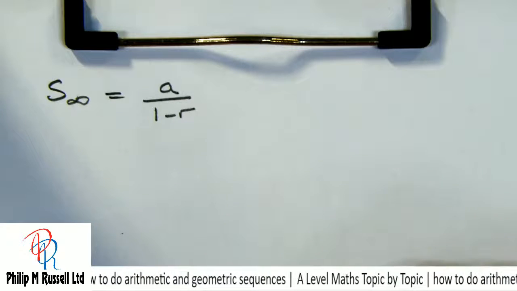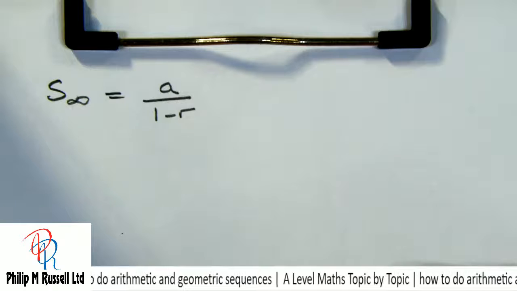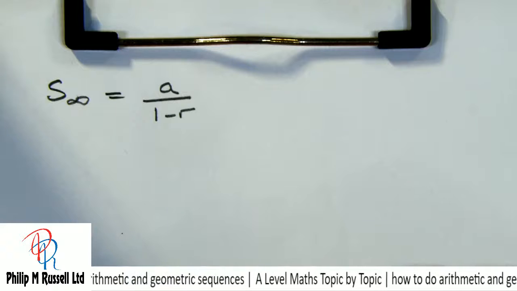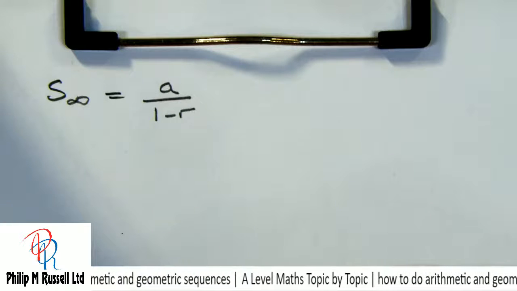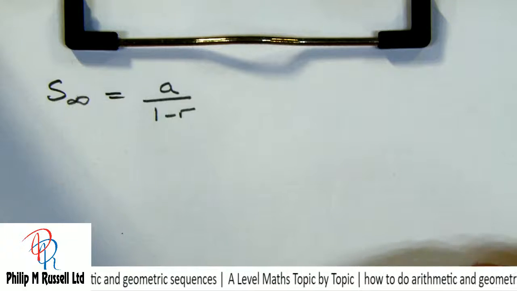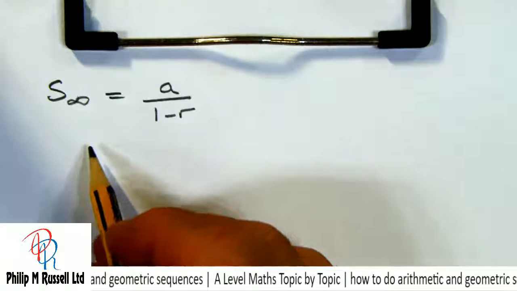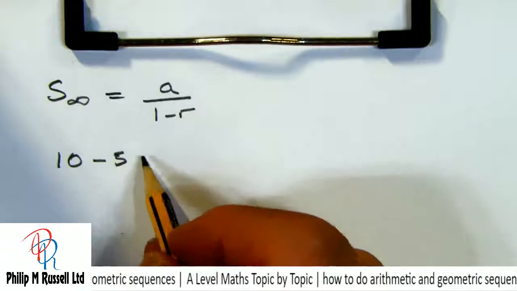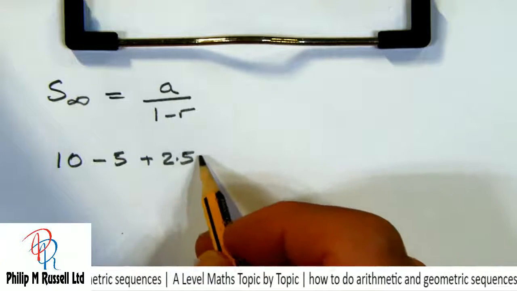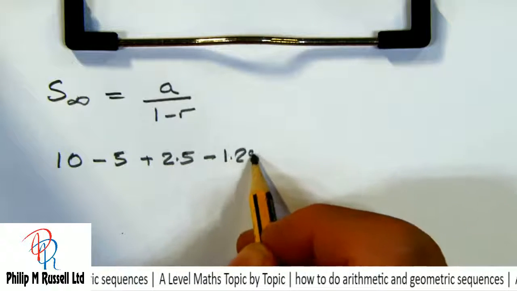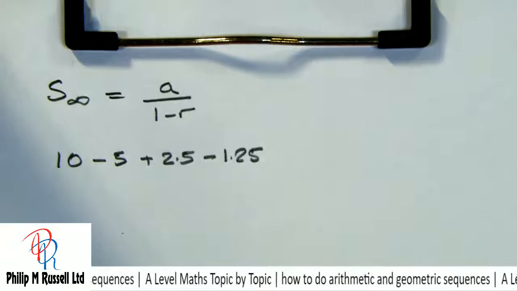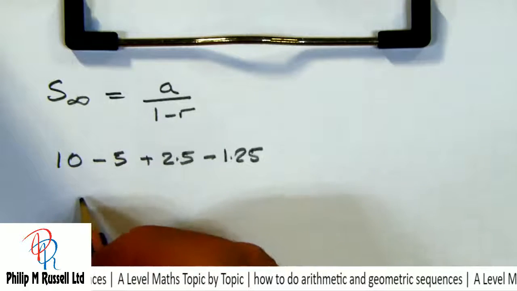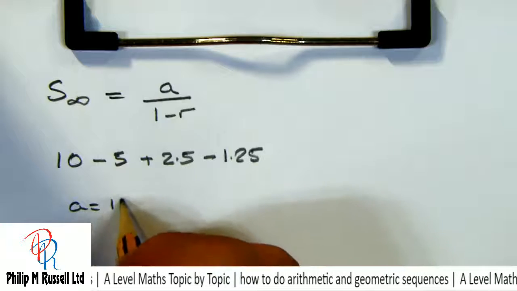I'm just trying to think of a nice sort of convergent sequence. So if we want to, we could do 10 minus 5 plus 2.5 minus 1.25. There I've got, I hope, a convergent sequence, and a is going to be set here to 10.